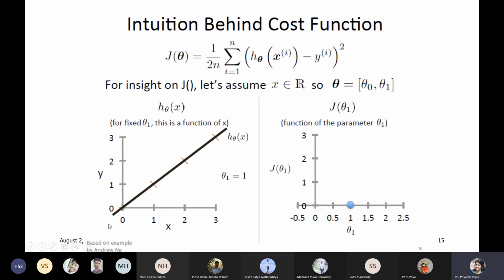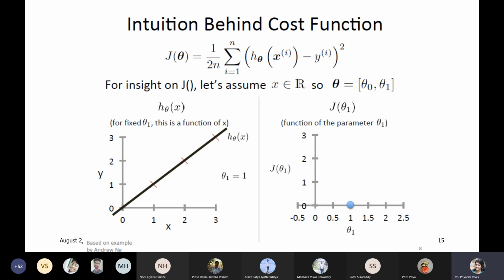Now, what is this left side figure? Can you see? Theta 1 is equal to 1. Initially you are taking theta 1 equal to 1. So what is our h theta of x? Let us not say y for the prediction, because your actual y is usually denoted as y, and predicted y is your h theta of x.